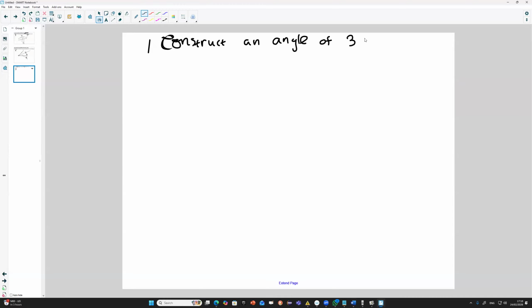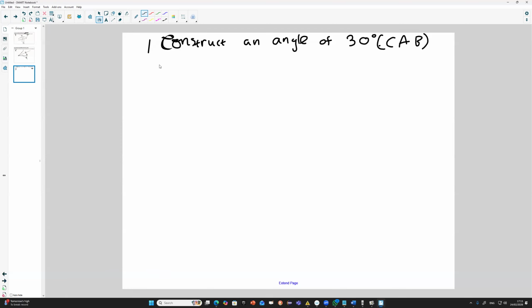Let's say the angle could be CAB. To do this, firstly, we would construct the angle of 60, and then you would bisect it.